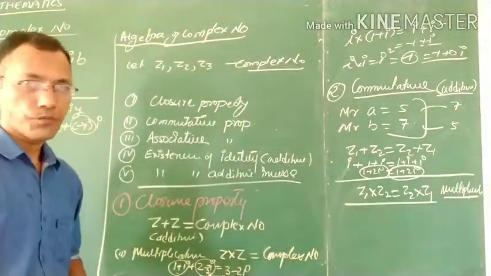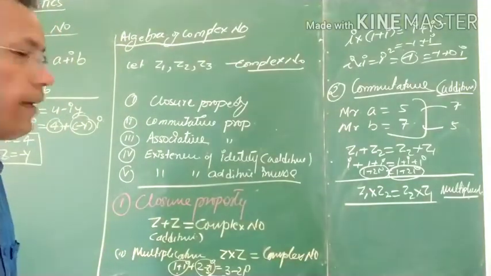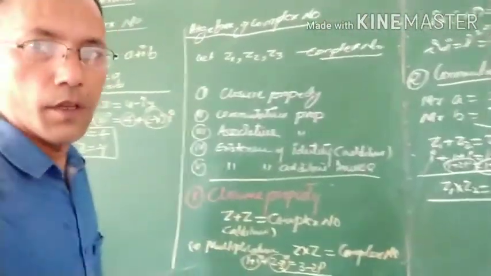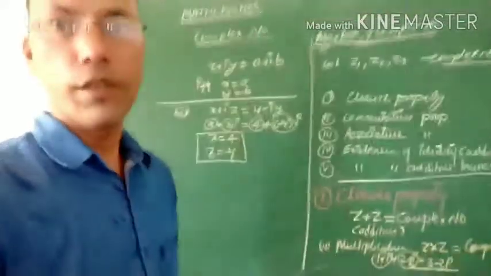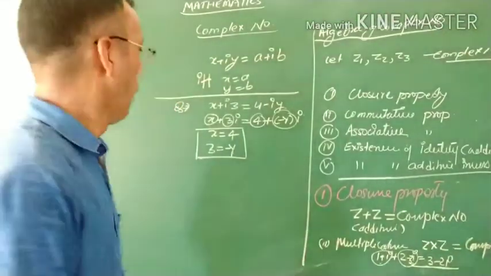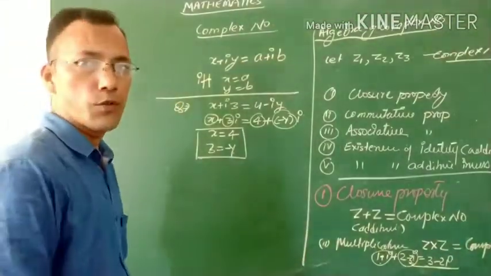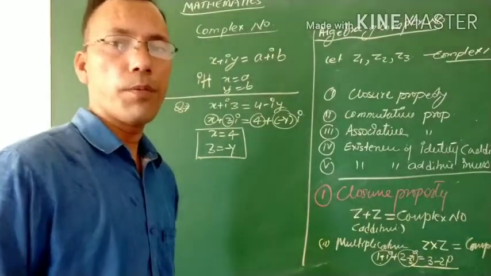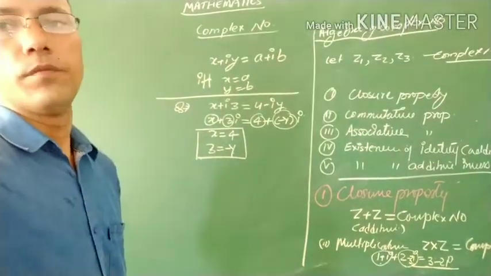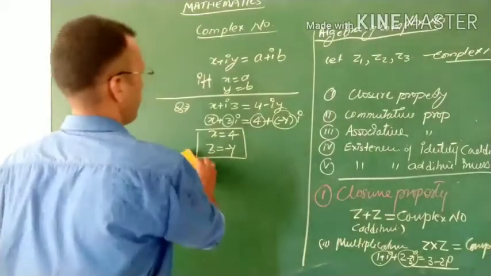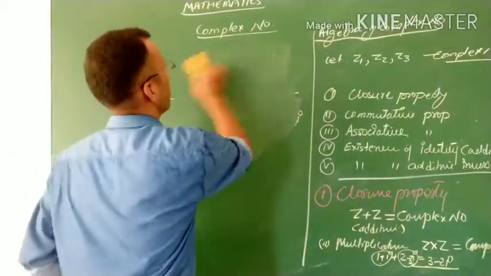Now the next one is the associative property. Let's check this one. Let's erase the first part.